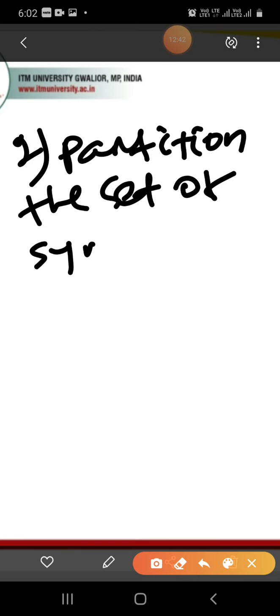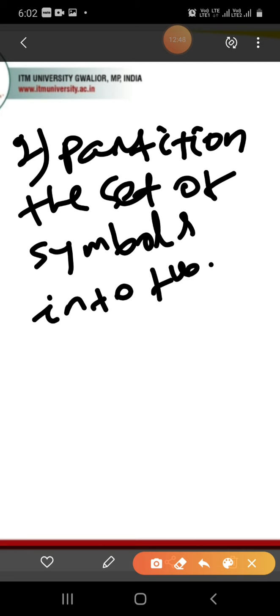Then in our next step we have to partition the set of messages or symbols into two sets.